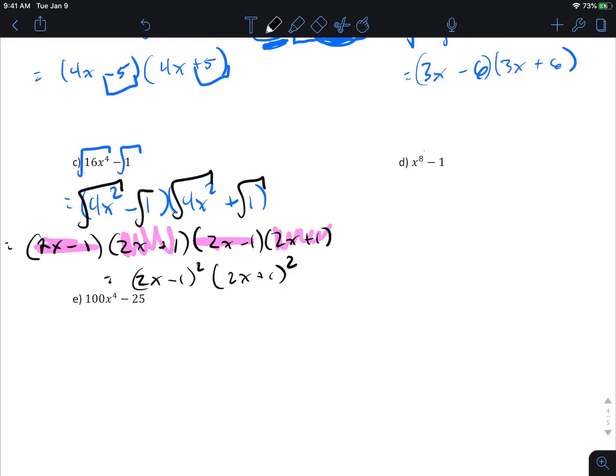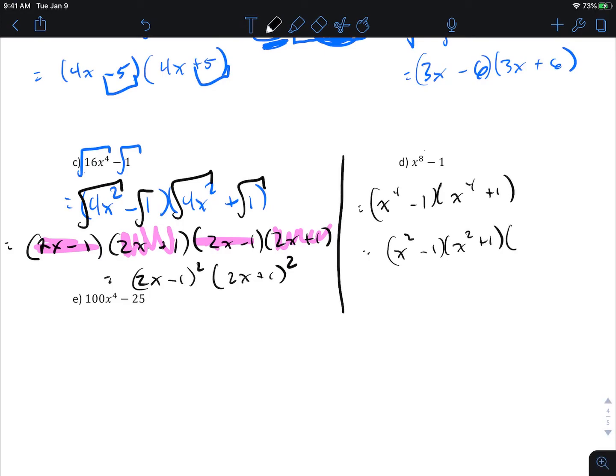If you want to try E first, yeah. So this one, square root.